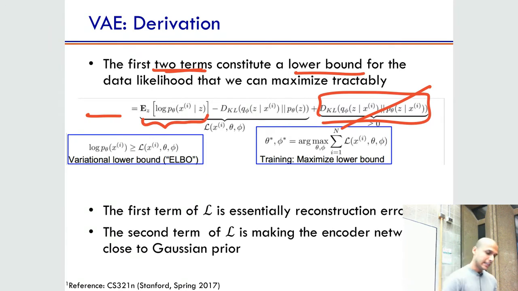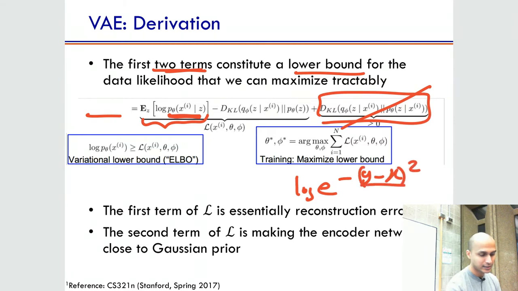Now remember I said P of x given z, I'm going to make it a normal distribution. I'm going to make the normal distribution assumption, right? Remember I said P of x given z is normal, P of z given x is normal. So because I make this normal assumption, the log of something which is normal is going to just involve the exponent, which is something like a squared loss. Remember there was a log of e to the power minus (y minus mu) the whole square divided by sigma square, let's say.